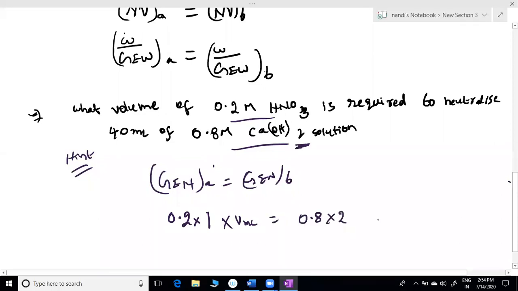V mL equals 0.8 into 2 into 40 by 0.2. The decimal point cancels, and 2 also cancels. 8 into 40 gives the answer: 32 mL. Is it correct?